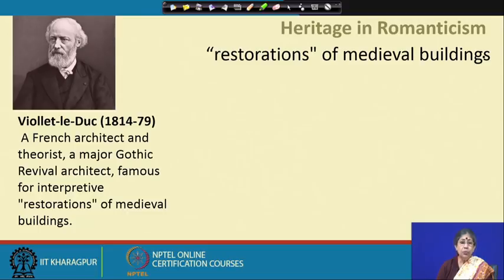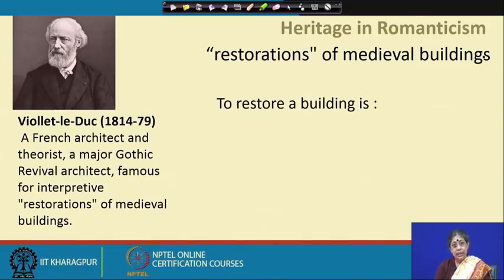Viollet-le-Duc was basically a French architect, a theorist, a major Gothic revival architect, famous for interpretive restorations of medieval buildings. We must understand what this interpretive restoration is, what it means, and what he tried to depict through his famous restoration projects.